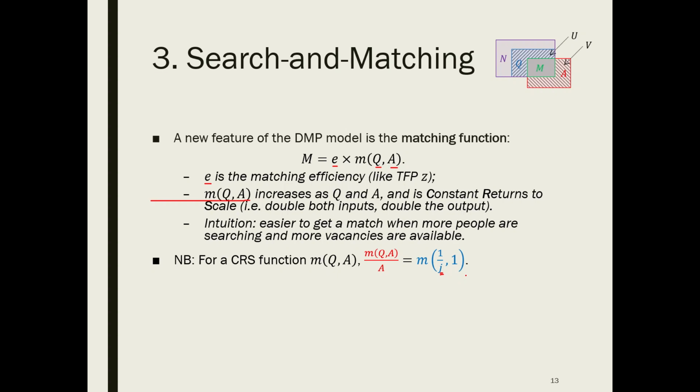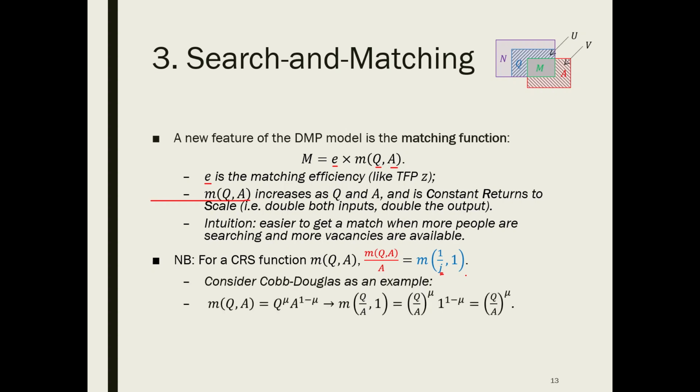To see this, let's specify the function M as a Cobb-Douglas specification, which is a constant returns to scale function. So M(Q, A) is equal to Q to the power of mu multiplied by A to the power of 1 minus mu. Remember that the function is a general form of input and output.